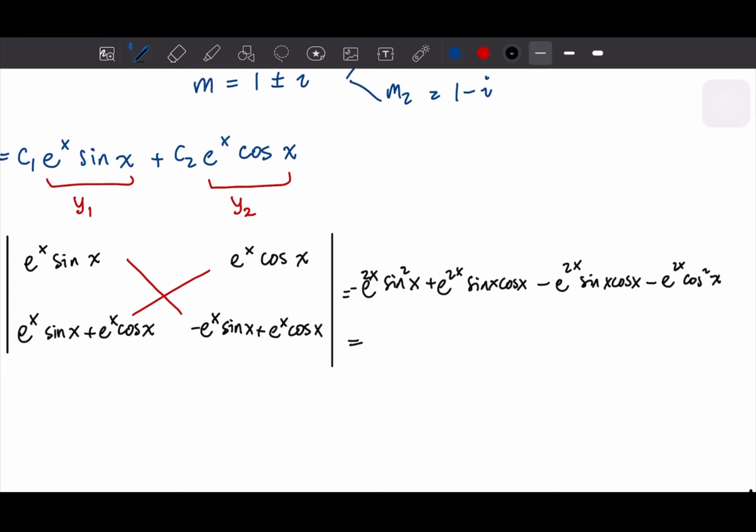We see that this will cancel, and the remaining part becomes 1, and we have the negative e to the power of 2x. That's our Wronskian, which means it's not 0, and thus it's linearly independent.